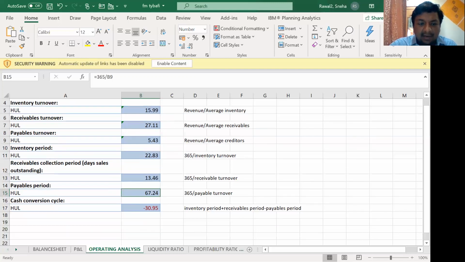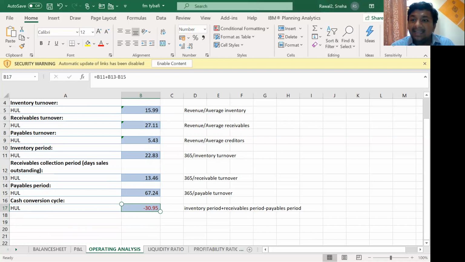Okay, next is your cash conversion cycle. That is inventory period plus receivables period minus payables period. So that is 22.83 plus 13.46 minus 67.24. In this case, it is negative 30 days.